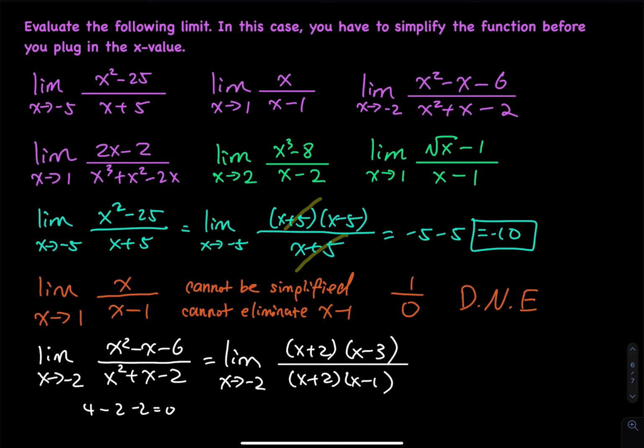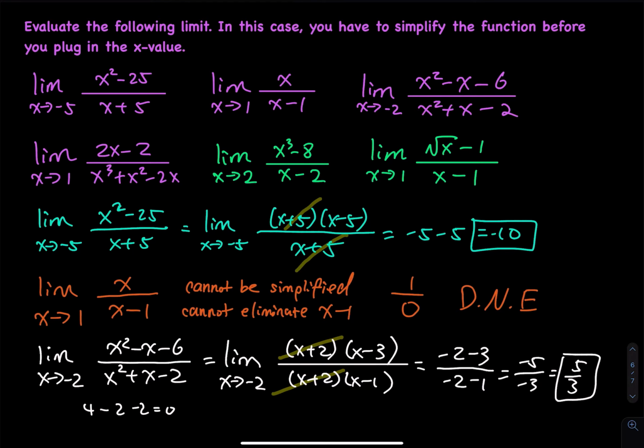Our enemy is x plus 2. Once you plug in negative 2, you get a 0 in the denominator. But after you factor, we can get rid of the x plus 2, so we are happy. Then you plug in. You have negative 2 minus 3 divided by negative 2 minus 1. So you have a negative 5 divided by negative 3. So you have 5 over 3 as your final answer.